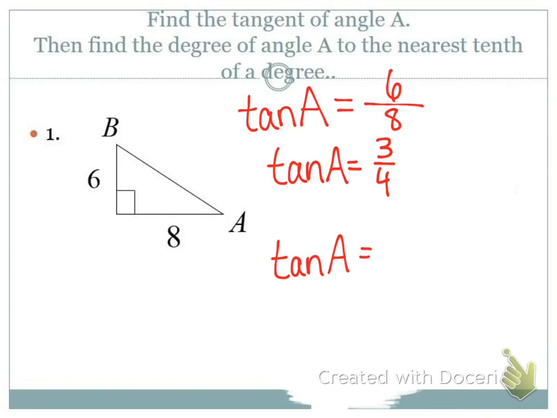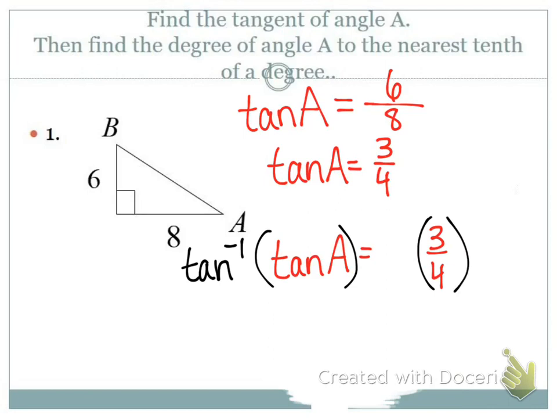So right now we have tangent A equals 3/4. To undo tangent, tangent is considered a function, so we have to use inverse tangent, or tan to the -1. It's called inverse tangent. But we know from algebra 1 that if we do something to one side of an equation, we have to do it to the other side. Tangent, and it's like an exponent of -1. We call it inverse tangent.